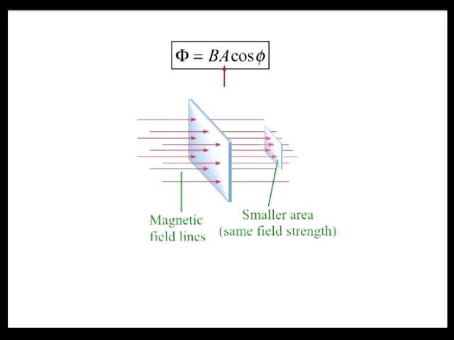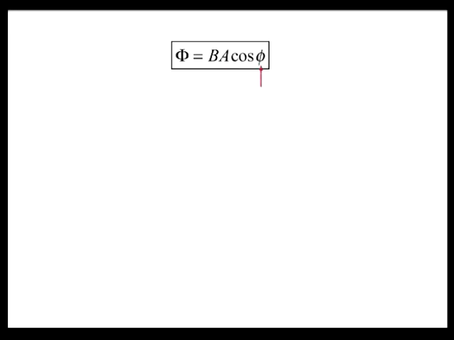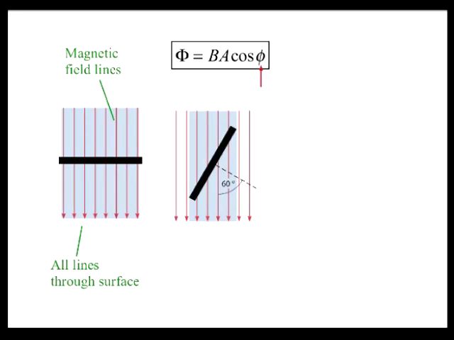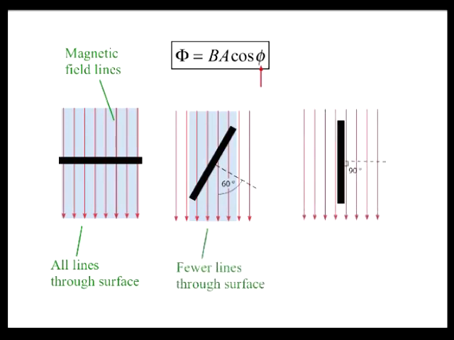Finally, keeping the field and area unchanged, but changing the angle, also changes the flux. We see here, graphically, that the flux is a maximum when the field is perpendicular to the surface, or when the angle between the field and the surface normal, phi, equals 0. The flux is a minimum, 0, when phi equals 90 degrees.